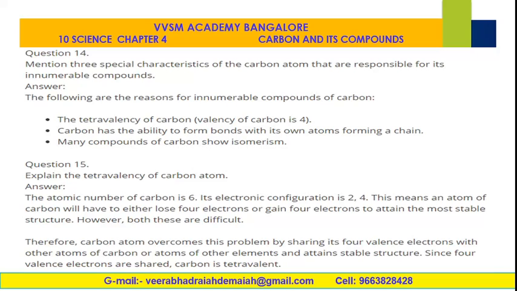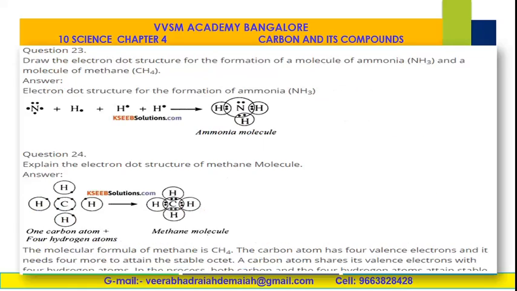Only under drastic conditions does such a reaction occur. Therefore, the carbon atom overcomes the problem by sharing its 4 valence electrons with other atoms of carbon and atoms of other elements, and attains a stable gas configuration. Since 4 valence electrons are shared, carbon is tetravalent. Tetra means 4.